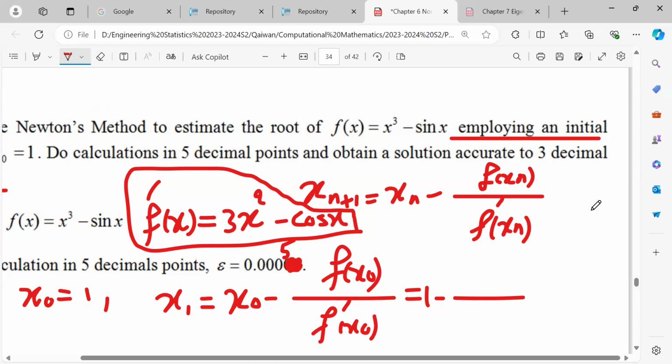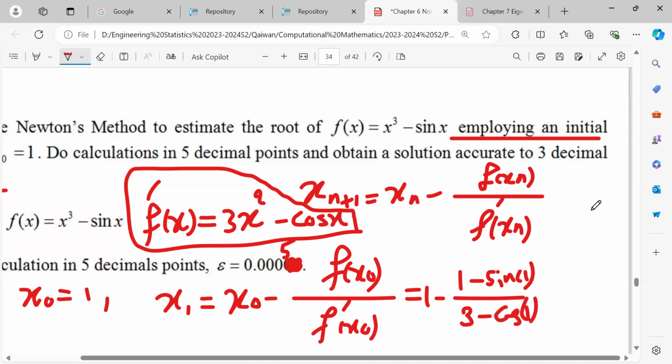So x1 is 1 minus 1 cubed minus sine 1, which is still 1 minus sine 1, divided by its derivative at the initial value. The derivative is 3x squared minus cosine x, which is 3 times 1 squared, still 3, minus cosine 1.